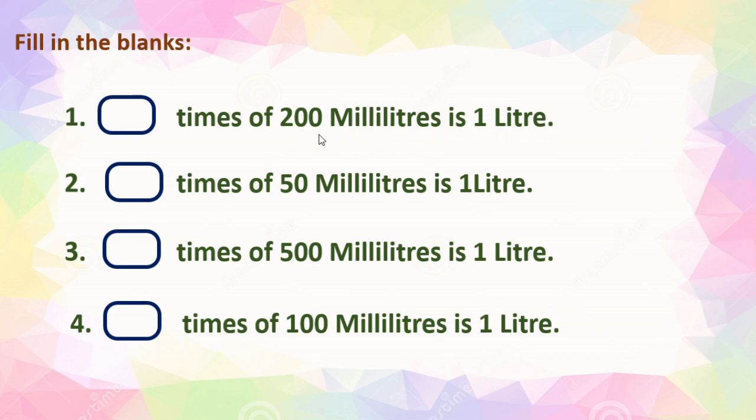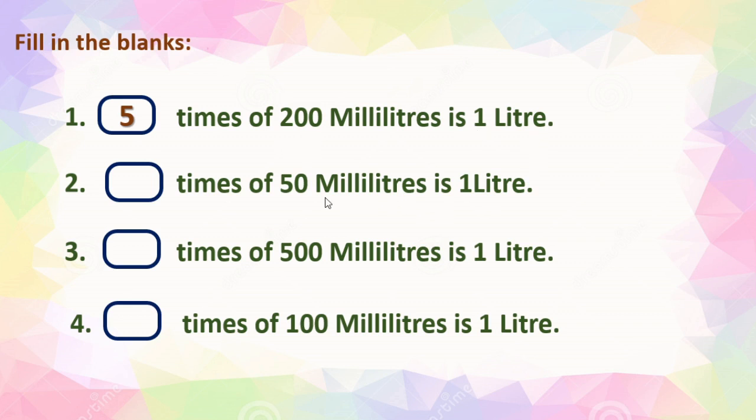Now we want to have 1 liter capacity, and we have a 200 milliliter measuring jar. Then how many times we have to use this so that it will become equal to 1 liter? Yes, 200 one time, 200 two times. Very good. 5 times we have to use this measuring jar to make 1 liter.